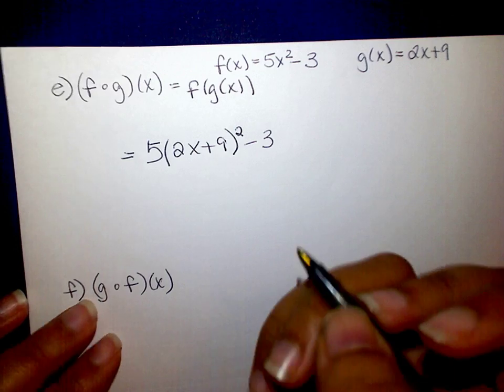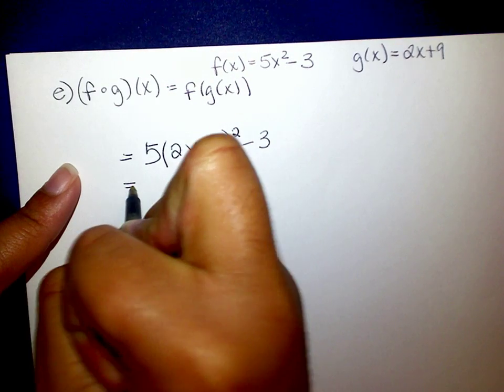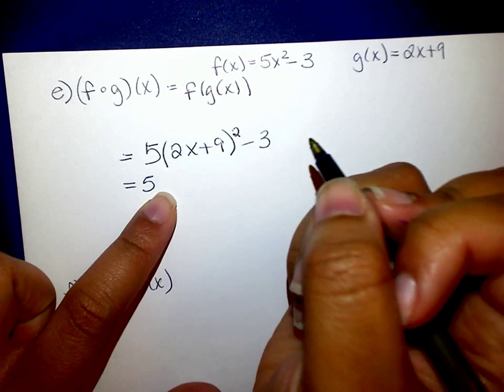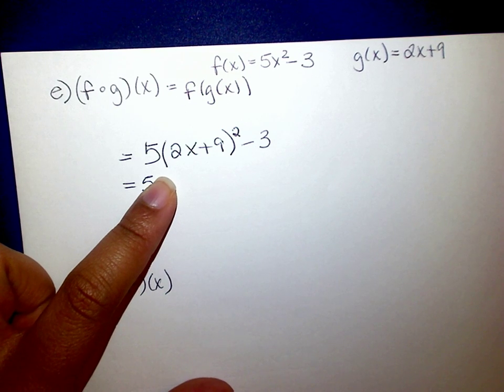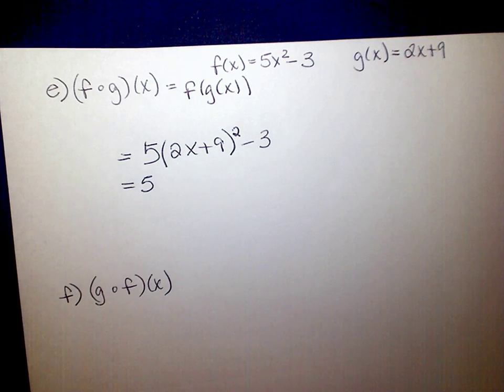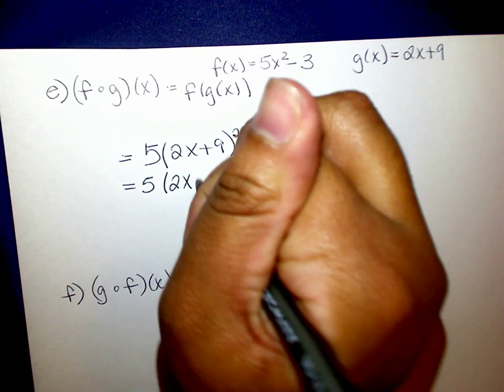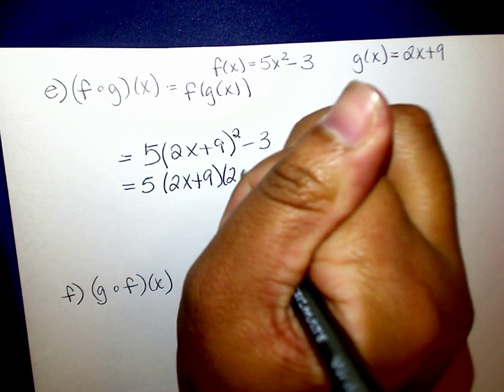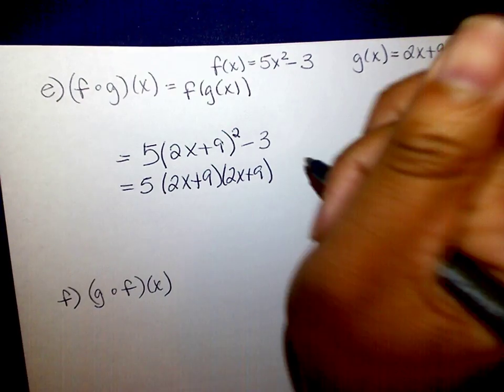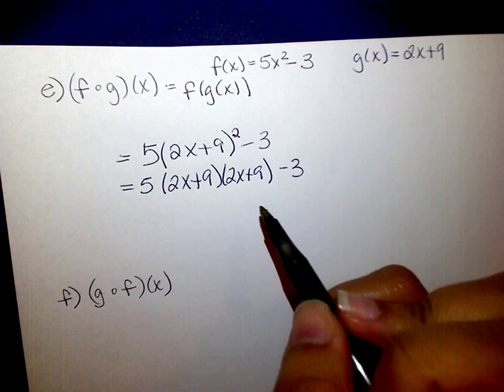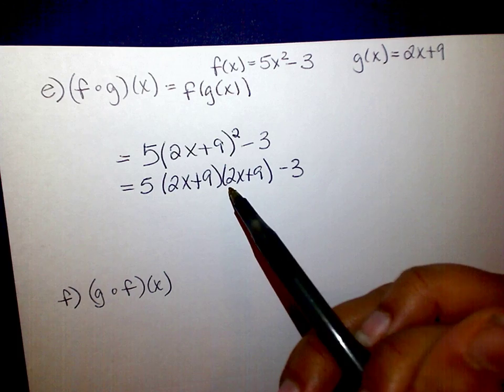Alright, so then we'll have 5, and then we have the quantity 2x plus 9 squared. So then we're going to write the factor out twice. So then we're going to double distribute.